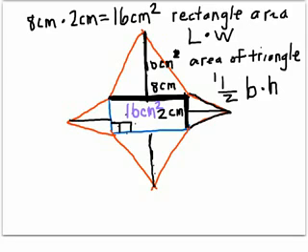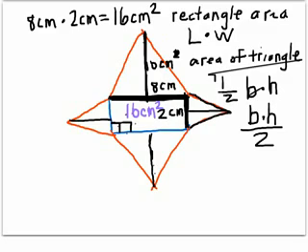Okay, now I need to find the area of my triangles. So I have my formula, which is half times the base times the height. Well, another way to write that is base times height divided by 2. So let's figure out this top triangle. I know that the base is 8, so let's plug that in.